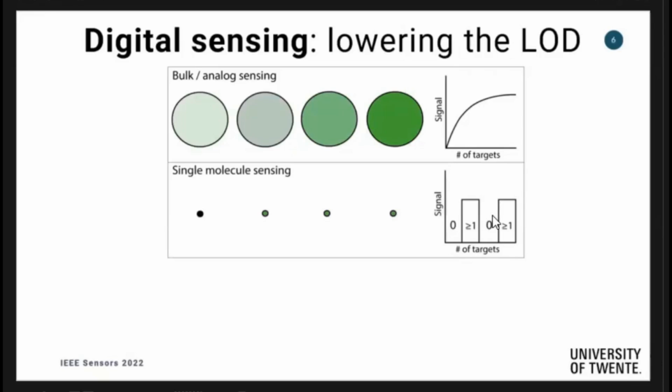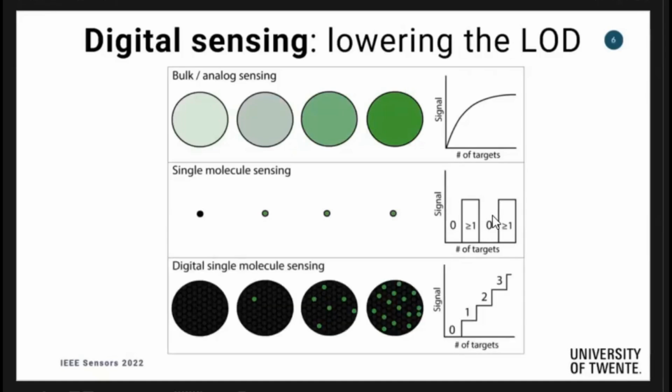However, if you want a good representation of your entire sample, you have to repeat this many times. It makes it very unintuitive. Therefore, the best of both worlds is finding physical single molecule sensing, where you have a lot of these single molecule sensors in parallel, and you just count the amount of events and find statistics, and you can relate this back to the original concentration.